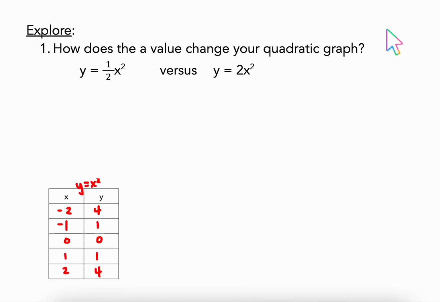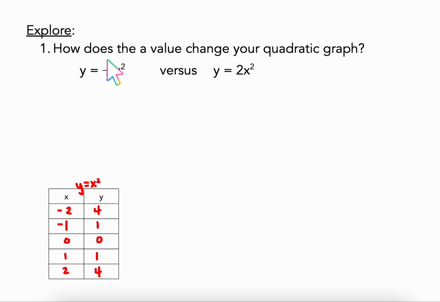Here's our first question we want you to explore. How do you think the a value, remember that's the coefficient that's being multiplied by your x squared, how does the a value change your quadratic graph? So now we're playing around with an a value of 1/2 and an a value of 2.